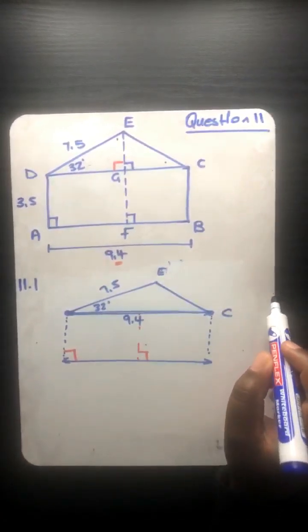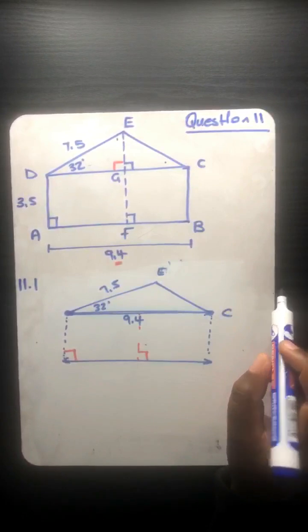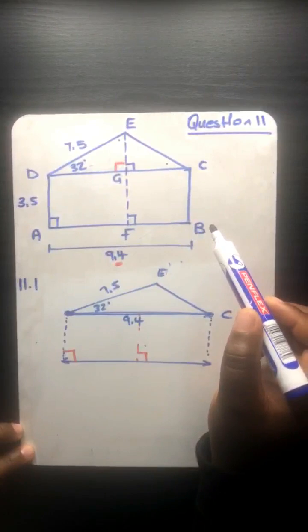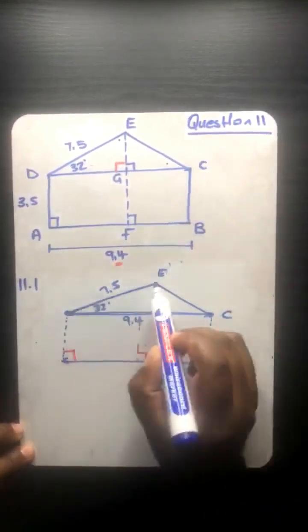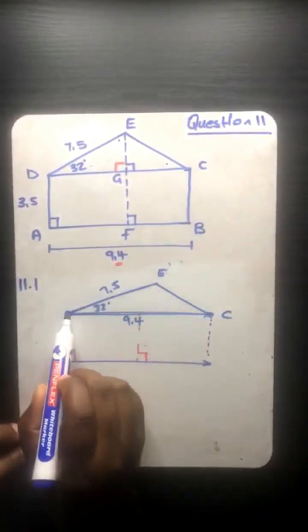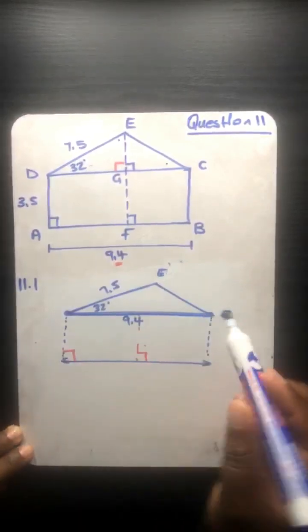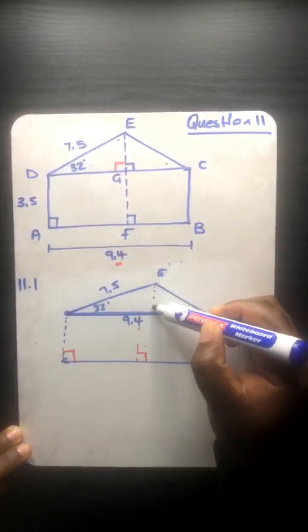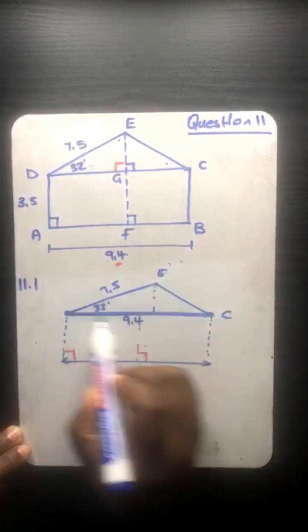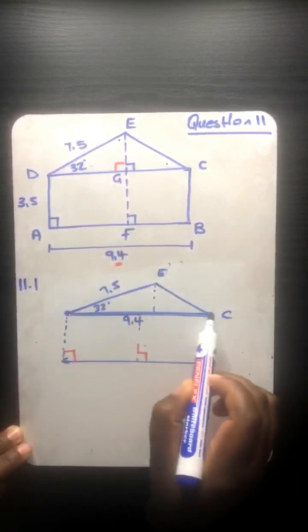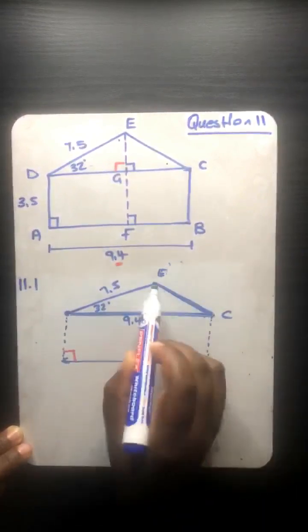Okay. So, what I was saying is we've got this side and we also have that angle there. So it's a matter of you asking yourself, are you going to cut it there and refer to this smaller triangle, or are you going to extend it and use this bigger triangle?